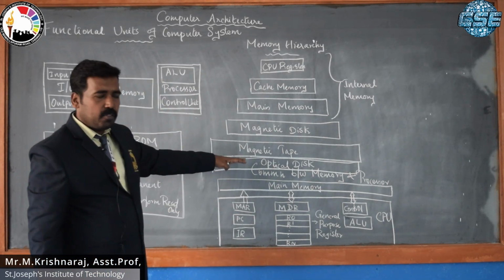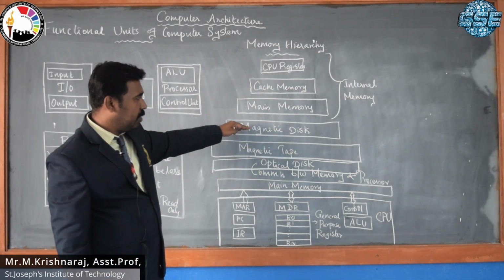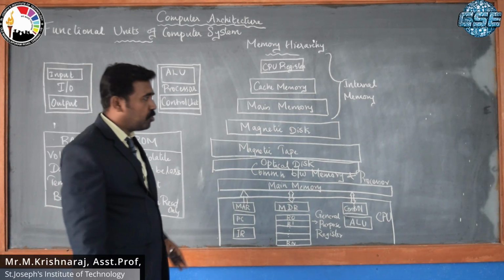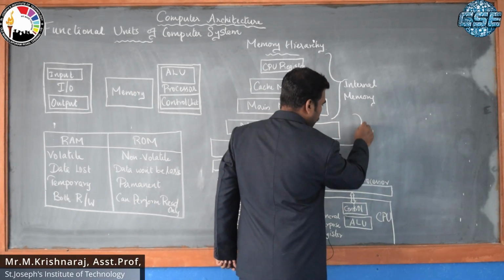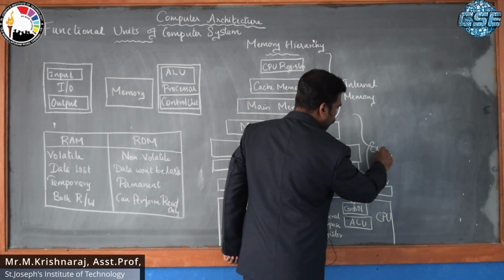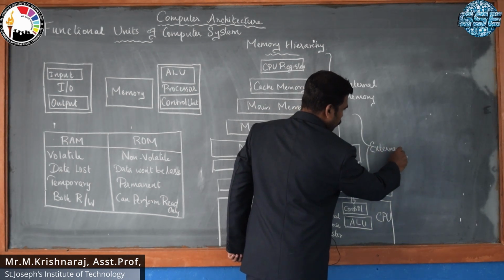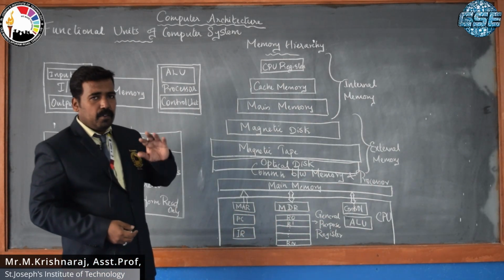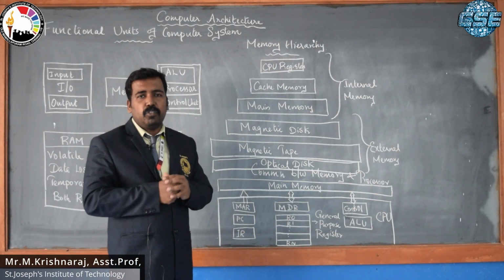Magnetic disk, magnetic tape, and also optical disk, these three memories constitute external memory. Internal memories are normally inbuilt with the motherboard of the computer.